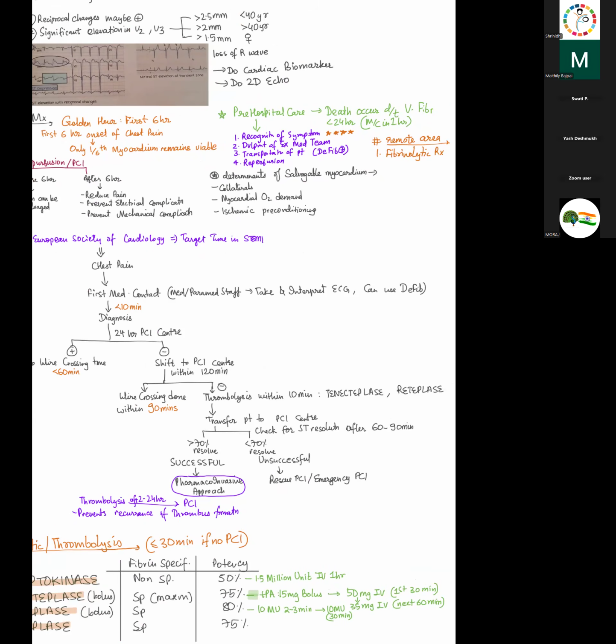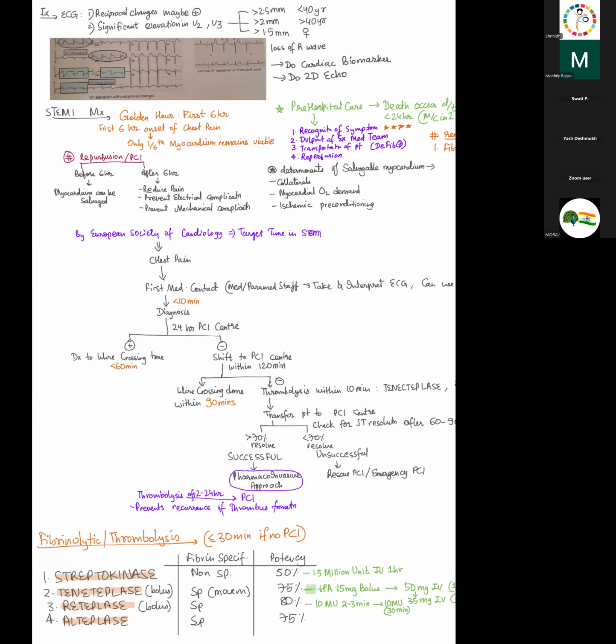The diagnosis should be made, and if a 24-hour PCI center is available, then diagnosis to wire crossing time should be within 1 hour. If a PCI center is not available, then shift the patient to a center within 120 minutes, and wire crossing should be done within 90 minutes.